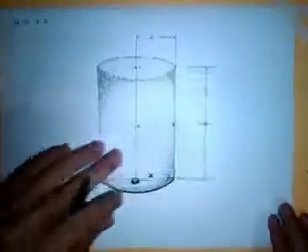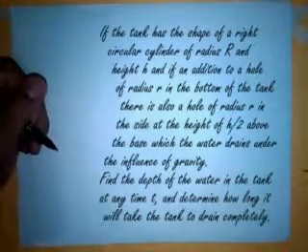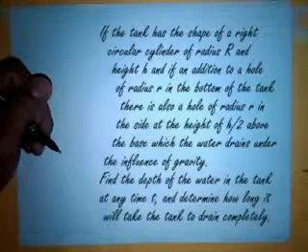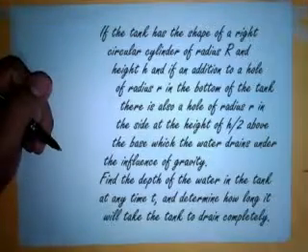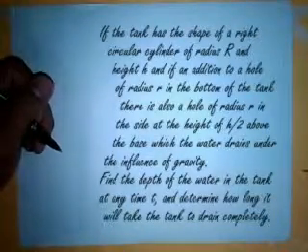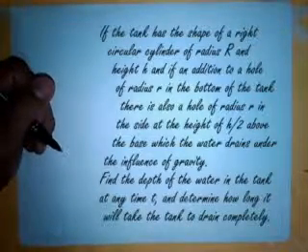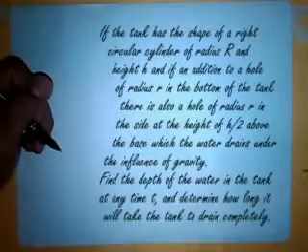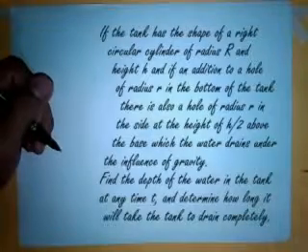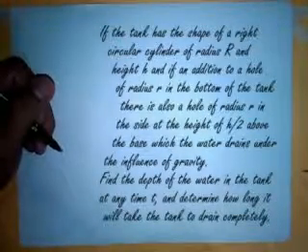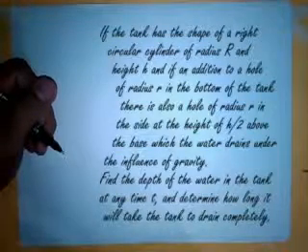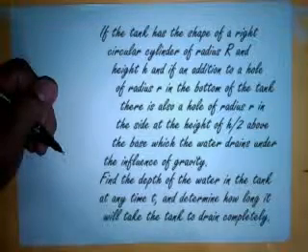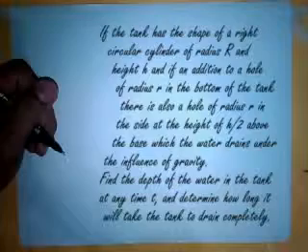The problem states: if the tank has the shape of a right circular cylinder of radius r and height h, and in addition to a hole of radius r in the bottom of the tank there is also a hole of radius r in the side at a height of h/2 above the base, from which the water drains under the influence of gravity, find the depth of the water in the tank at any time t and determine how long it will take the tank to drain completely. Okay, so we will solve that question.